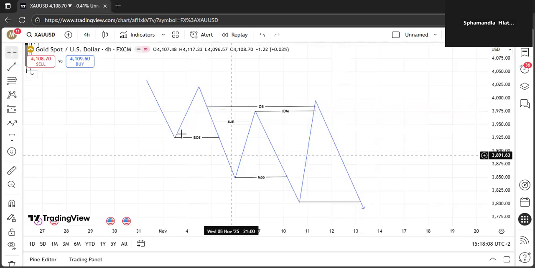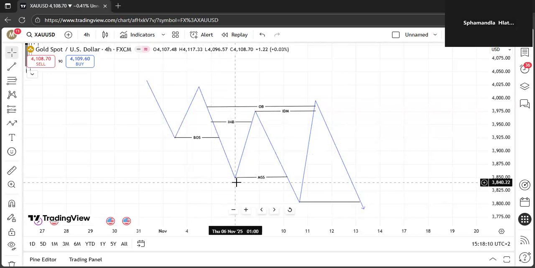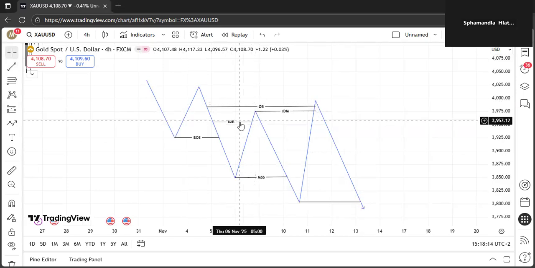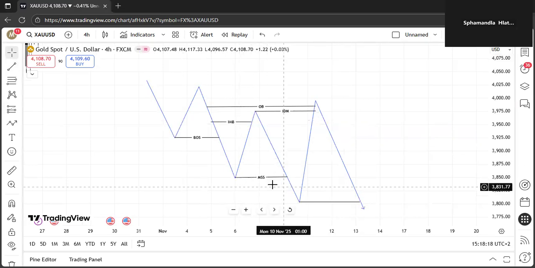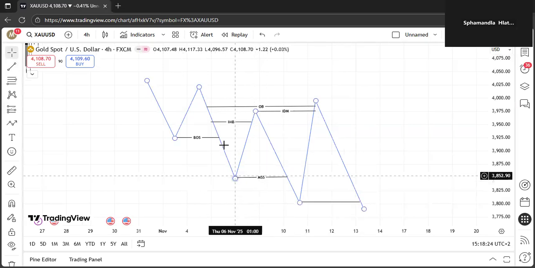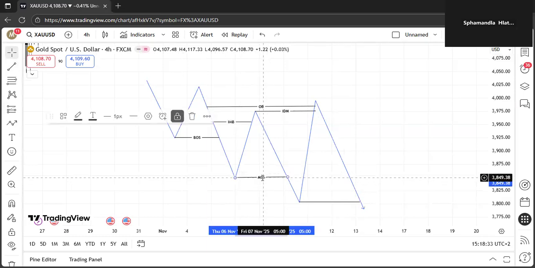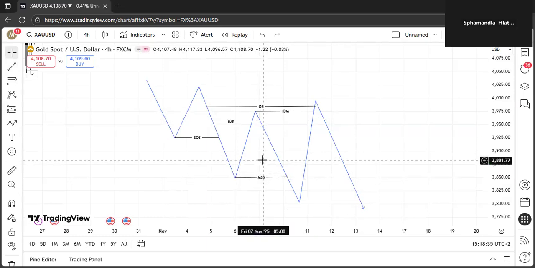It continues, which is a break of structure, and then instead of hitting the order block, it only tested the imbalance, which is our favorite gap, and then broke structure again, which is where our reset point is created, where the market resets, meaning we no longer focus on what happened in the past, we focus on what is happening from this point forward. And then we mark it out as our change of character.